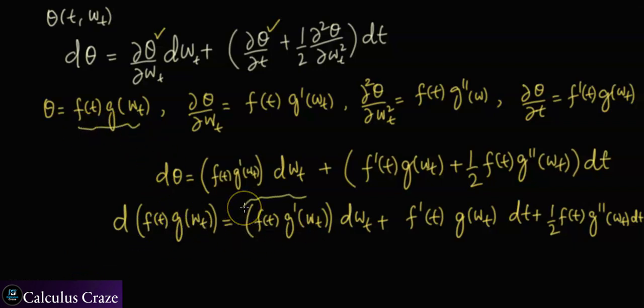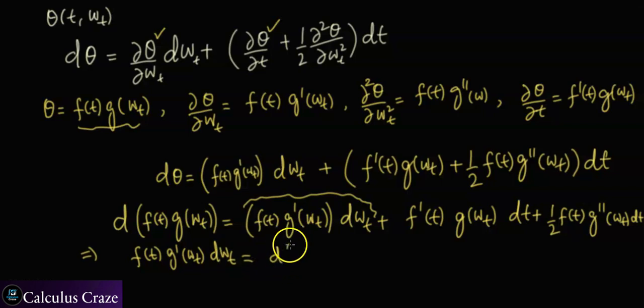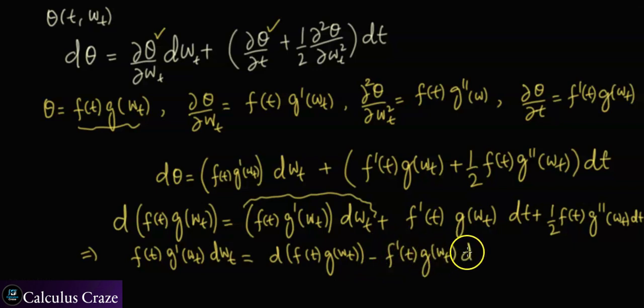Rearrange this and isolate this term on one side. So this implies that f of t times g prime of W sub t dW sub t is equal to the differential of f of t times g of W sub t, minus f prime of t g of W sub t dt, minus 1/2 times f of t second derivative of g dt.